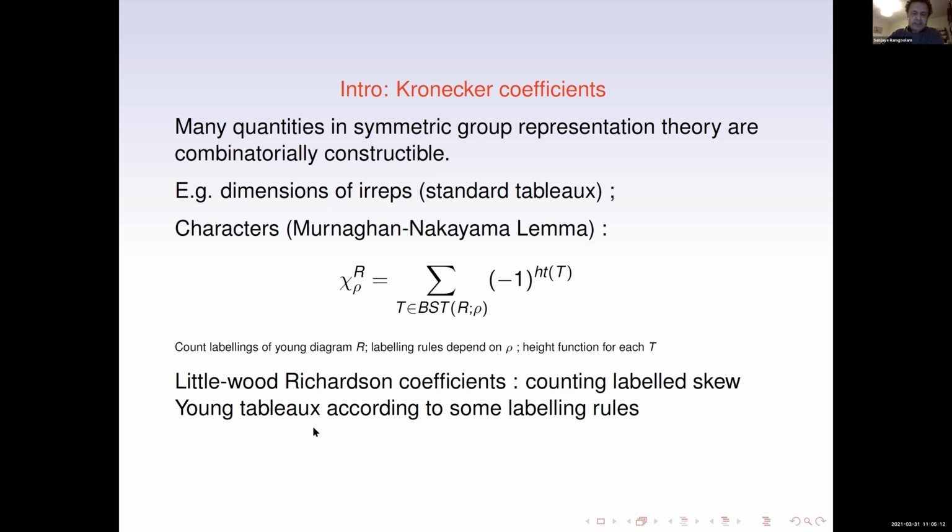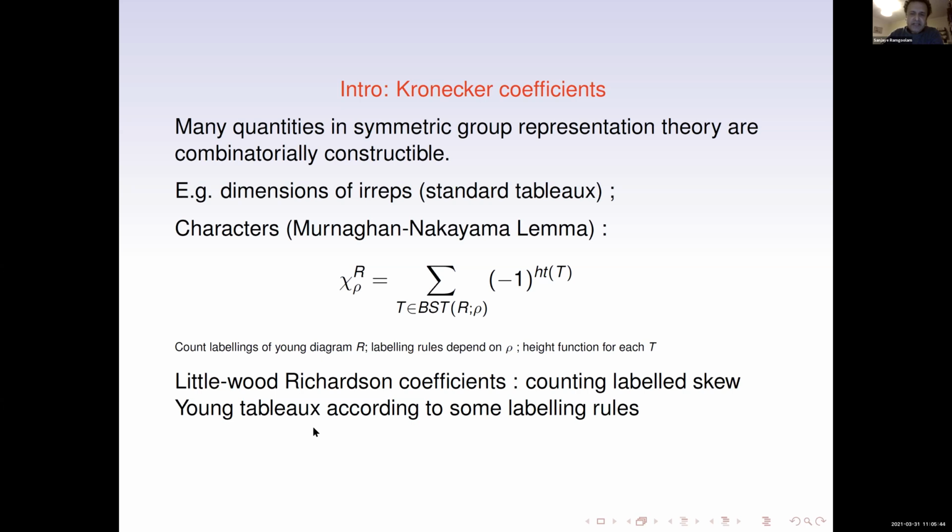If you want characters, you have a Young diagram R. You have a conjugacy class rho, which corresponds to cycle structures. There's a formula where you count labelings of the Young diagram R with some rules that depend on rho. Once you count these labeled Young tableaux, these border strip tableaux determined by the Young diagram R and the conjugacy class rho, you sum them up with a sign.